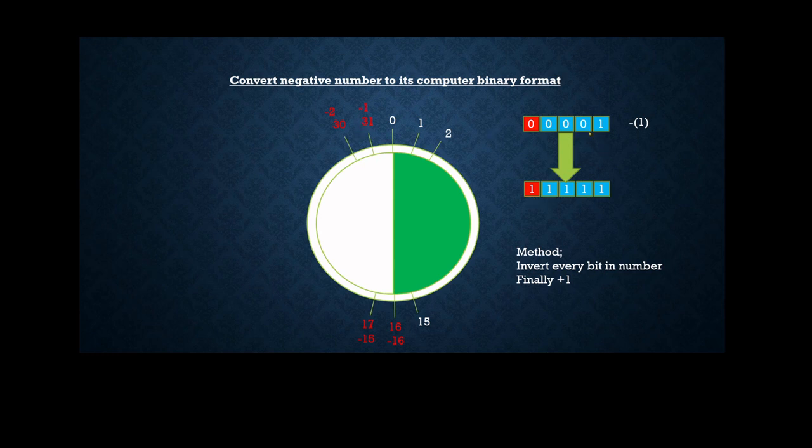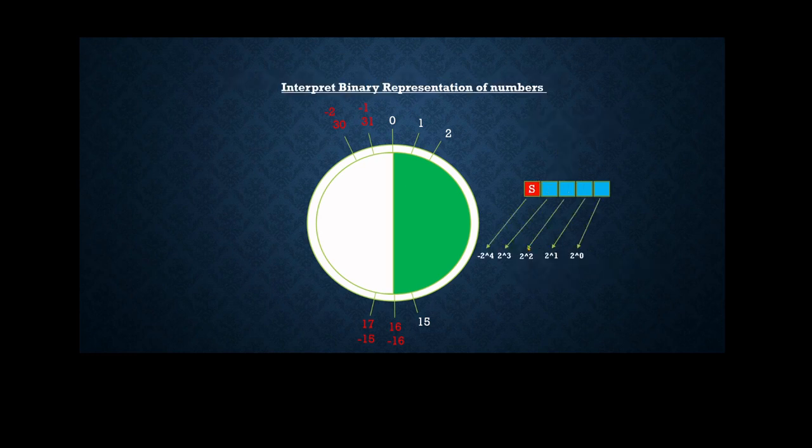So we know that the way to convert a positive number to its equivalent negative number, or minus of plus 1, is done by inverting every bit and adding a plus 1. So this is the method by which you can do this conversion, but we've already talked about it. This is the representation.